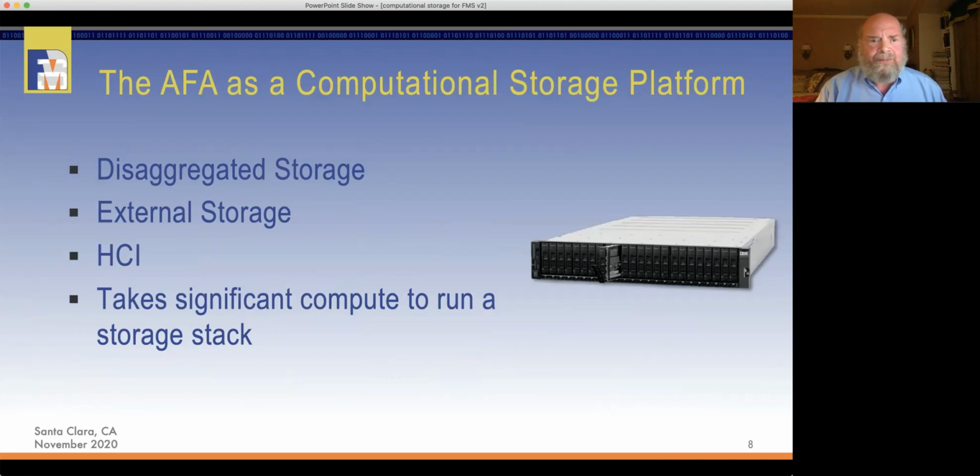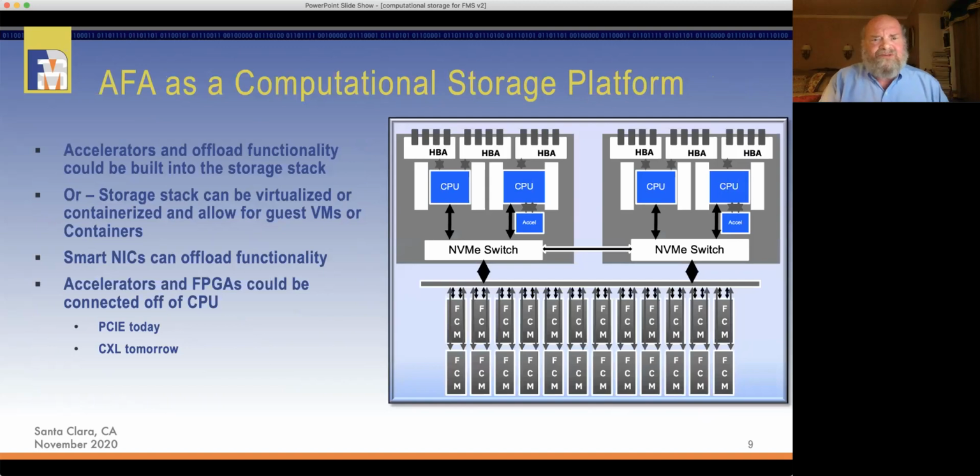Now, the interesting thing is that the all-flash array itself is also a computational storage platform. And that could be viewed as a disaggregated storage device, just a bunch of flash, or external storage, or hyperconverged infrastructure. That device itself, and here is an example of the FlashSystem 9200. The FlashSystem 9200 is really two full-blown servers with Cascade Lake CPUs and a lot of memory that is running a storage stack.